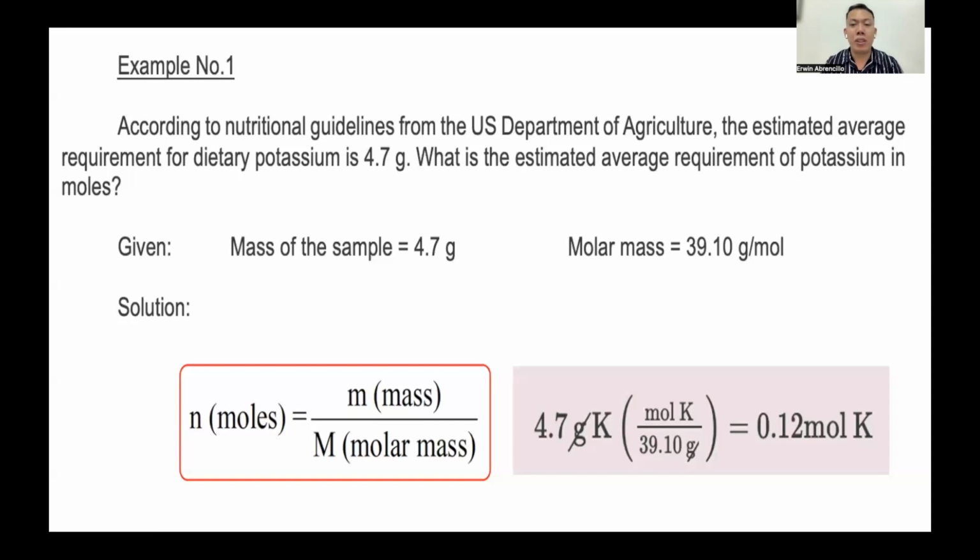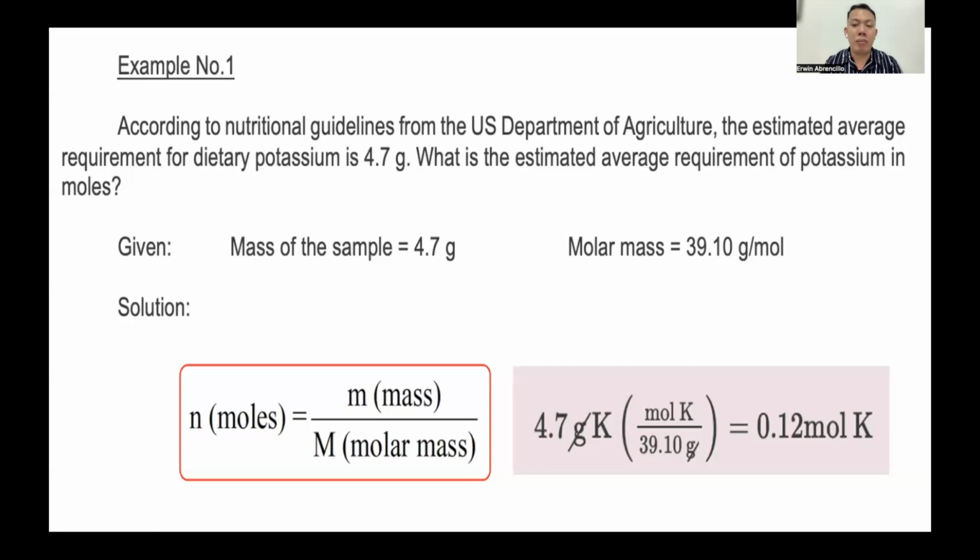It's up to you. If you look into the periodic table of elements, you can get the atomic weight of potassium, which is equivalent to 39.10. You may include the 2 decimal places, you may include all the numbers there, or you may likewise just round it up to the whole number.